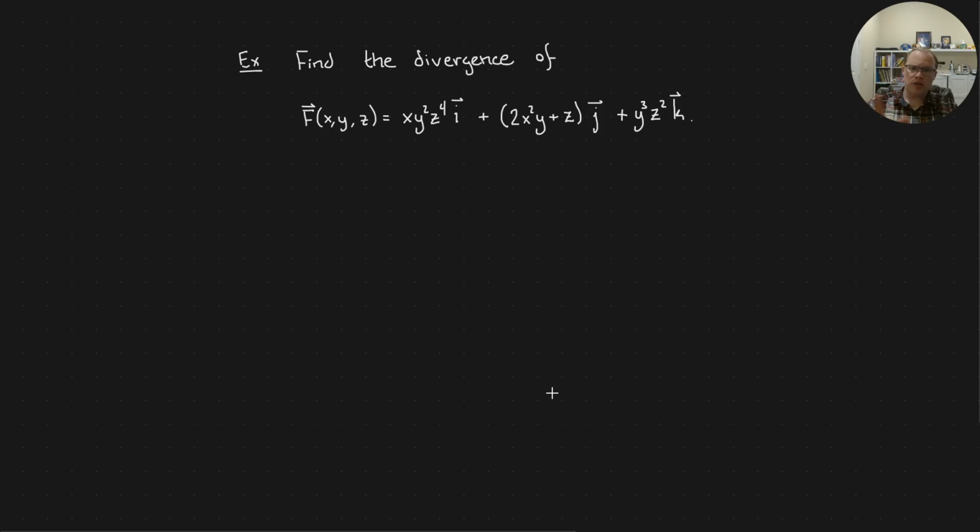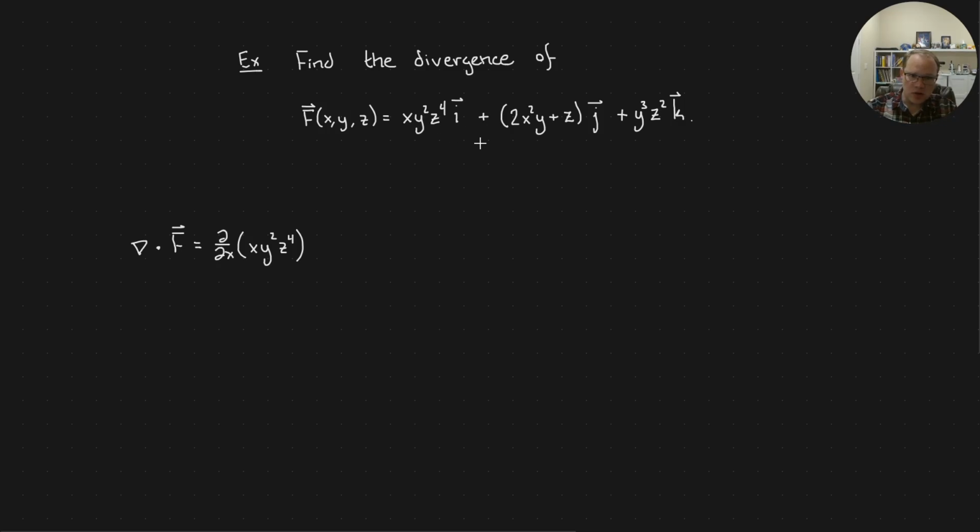Let's just do one more example. This one will be a 3-dimensional example. We want to find the divergence of a 3-dimensional vector field. So divergence of f, and I'll use the other notation for divergence just so you are exposed to both. And we want the partial derivative of the first component, x y squared z to the fourth, with respect to the first variable x.